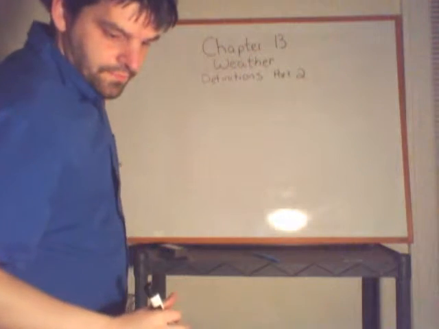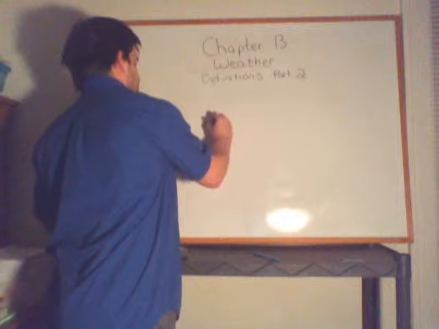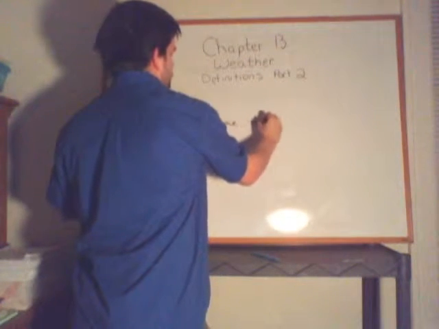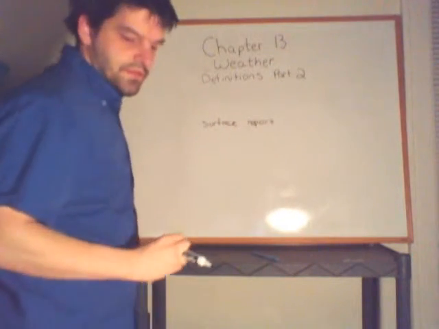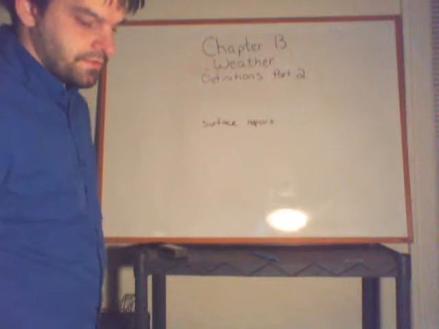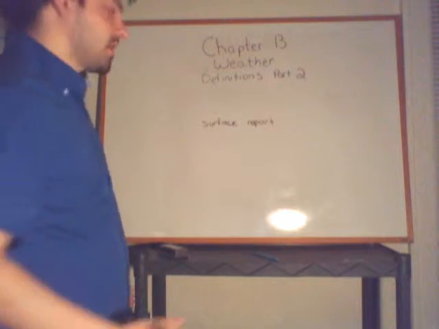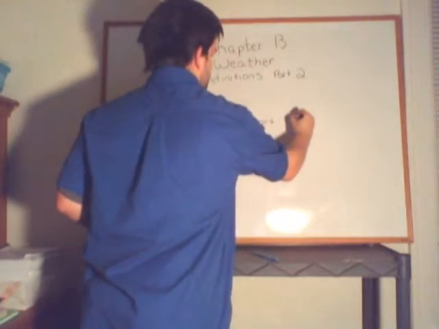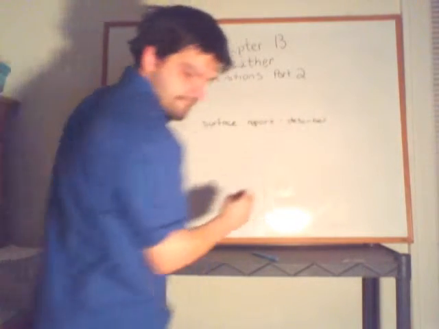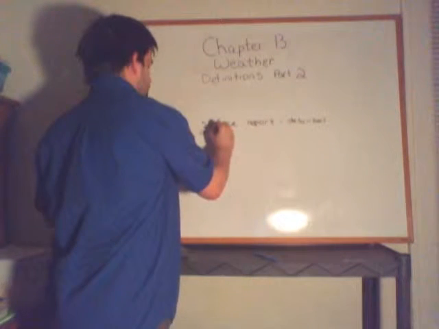Okay. Our next definition is a surface report. Now, this is coming into the part of the chapter when we can talk about weather forecasting. So surface report describes a set of weather measurements made on Earth's surface.